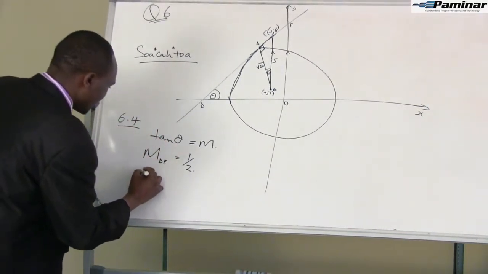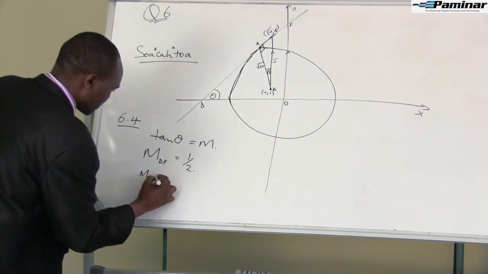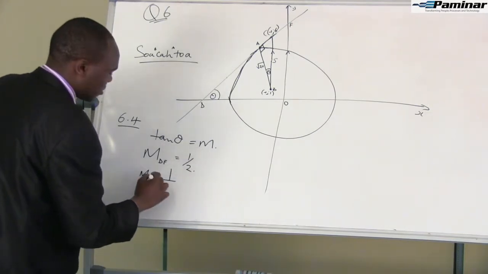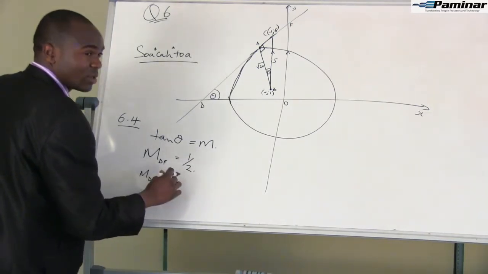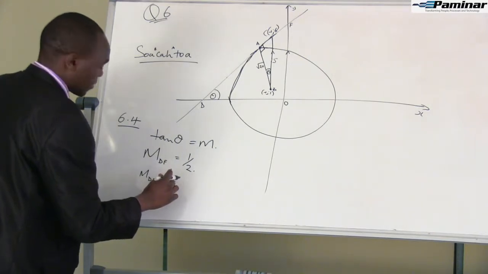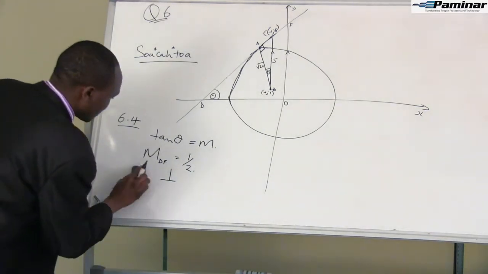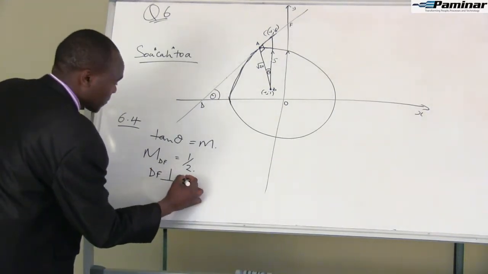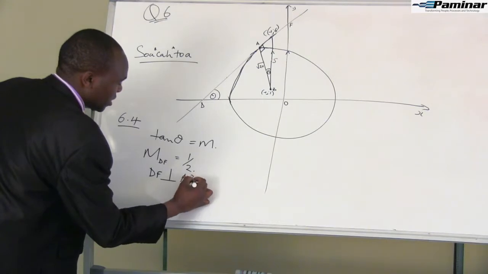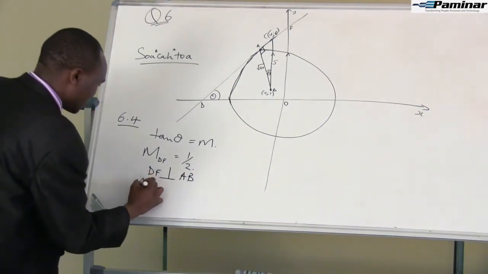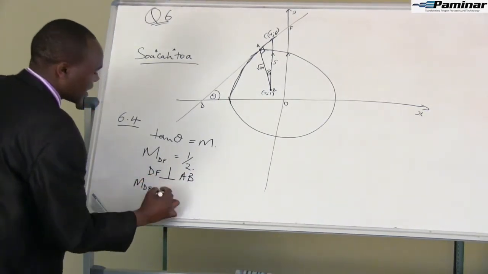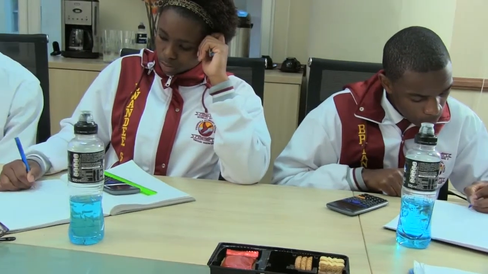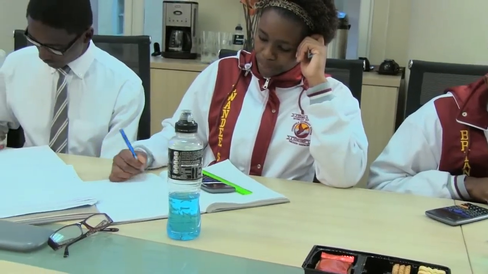So the gradient of DF, when you multiply them, because remember DF is perpendicular to AB, the gradient of DF times the gradient of AB should always give you minus 1.